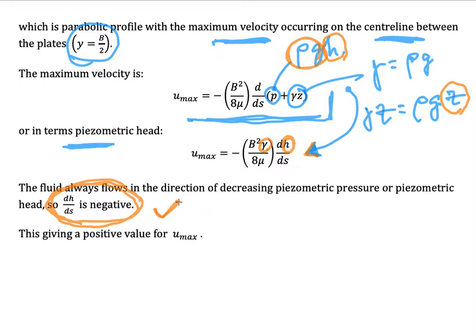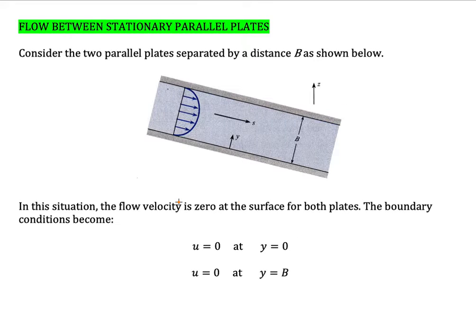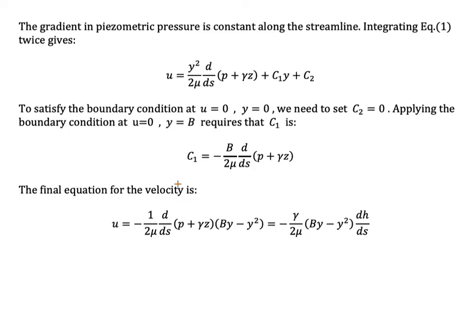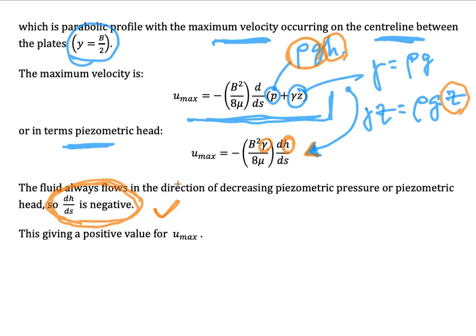Another one is maybe from the diagram here. If we have a graph like this one, we could get the negative gradient. So that's why the dh/ds is showing the negative value.